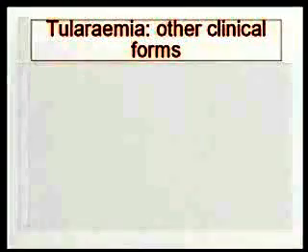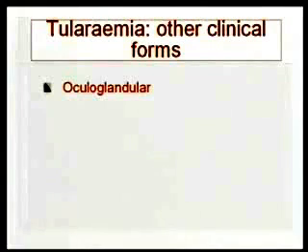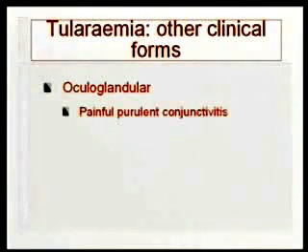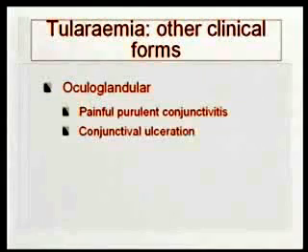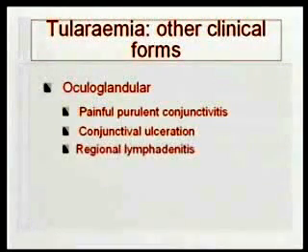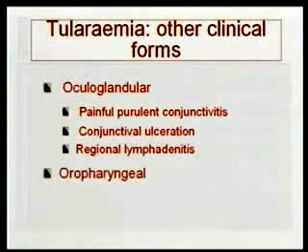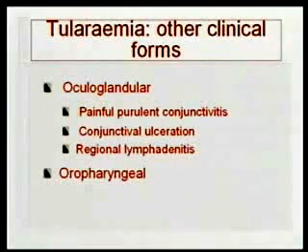Okay, there are the other clinical forms that I mentioned to you. They are very rare, especially oculoglandular, in which case there's painful purulent conjunctivitis and conjunctival ulceration. Again, that's what you would expect from Francisella tularensis infection. Regional lymphadenopathy, again, because from there it will go to the regional lymph nodes and cause swelling and inflammation of lymph nodes. And even more uncommon is oropharyngeal.